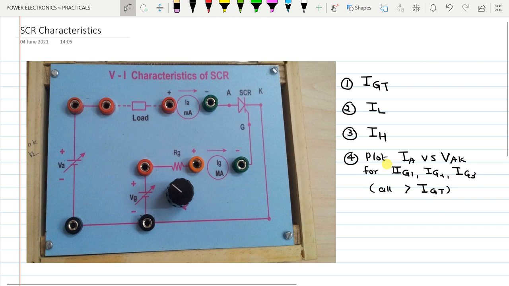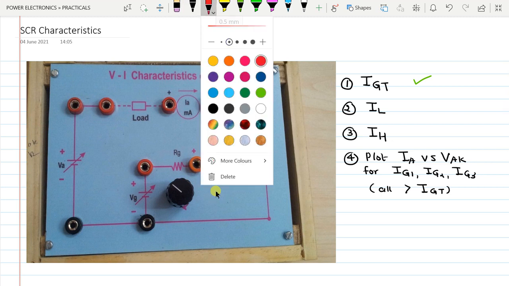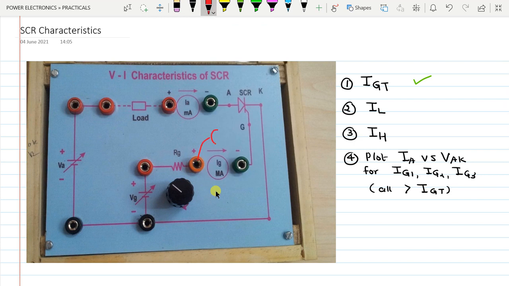So let us discuss the circuit diagram which is shown in the figure to the left, and we know that we have to measure the current IGT, that is the gate threshold current. So we need one ammeter connected here, which will measure Ig, and the polarities are plus and minus.